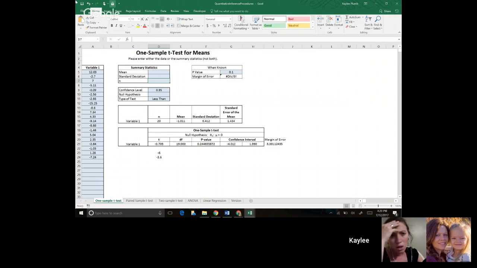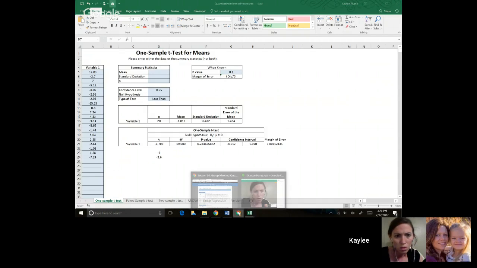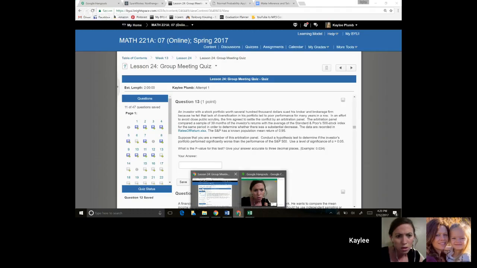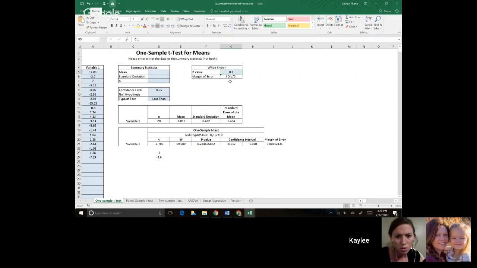I guess it depends on if you change that type of test, that changes the p-value. Greater than, less than, or not equal to. Okay, not equal to. t-test, right? Yeah.